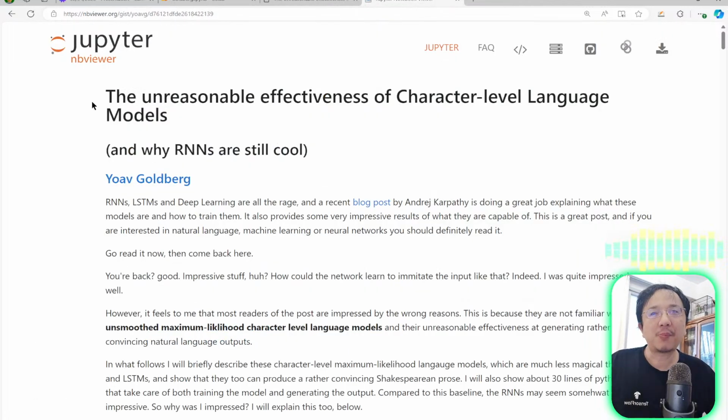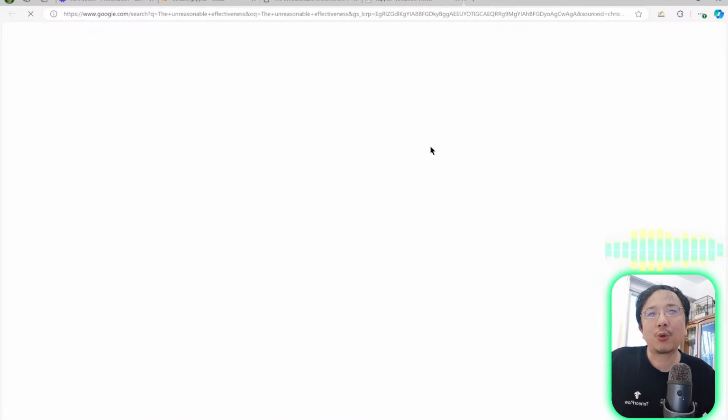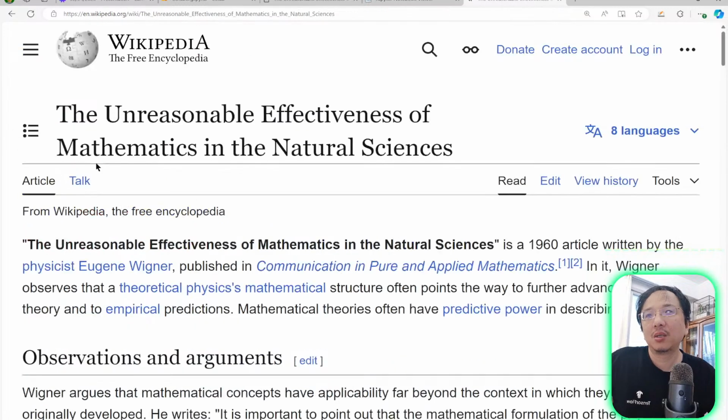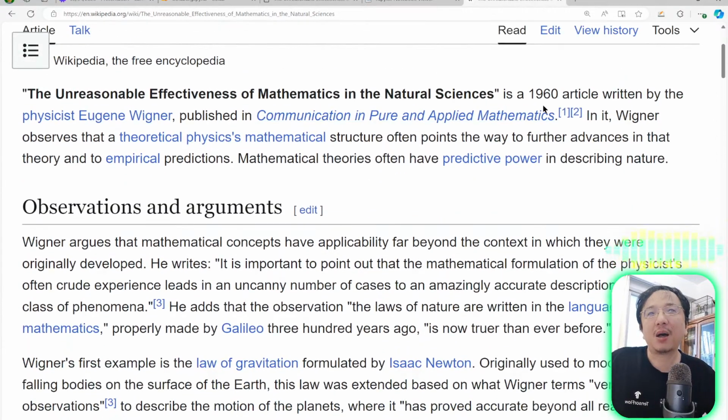Okay, so something about the title, the unreasonable effectiveness of something. This is a catchy and interesting title, which originally comes from an article title, The Unreasonable Effectiveness of Mathematics in the Natural Sciences, written by a physicist, Eugene Wigner, and published in a journal.